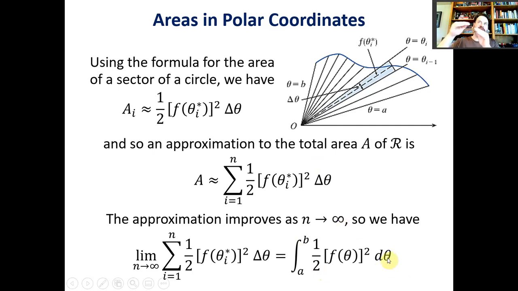As the angle moves, the function moves, just like with x and y coordinates, where it'd be f of x dx, y dx. One of them moves and sweeps out a distance, the other sweeps out a smaller distance, and that's the integral.